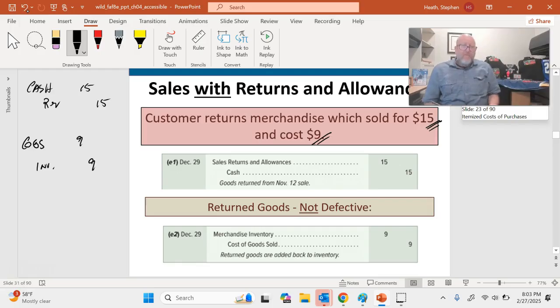Okay. So if the customer returns, I'm essentially going to unwind both of these transactions. So instead of reducing revenue, we are going to create a contra revenue account called sales returns and allowances. And we're going to debit that by 15.